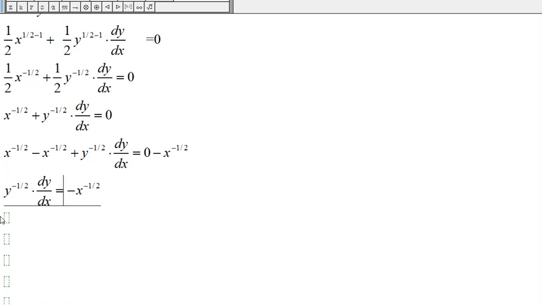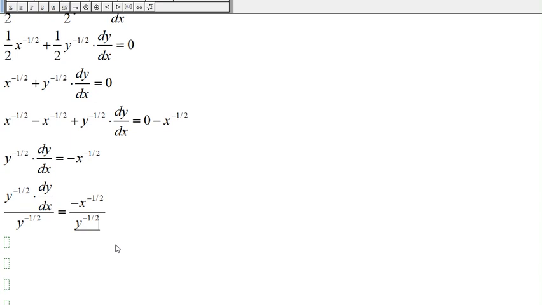And then divide both sides by y to the negative 1/2. And so dy/dx is equal to this.